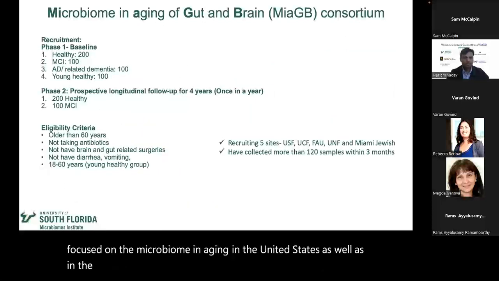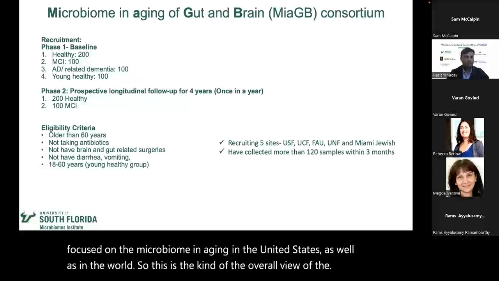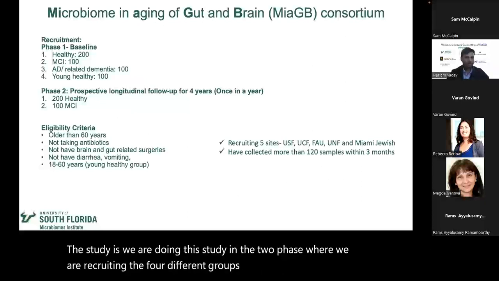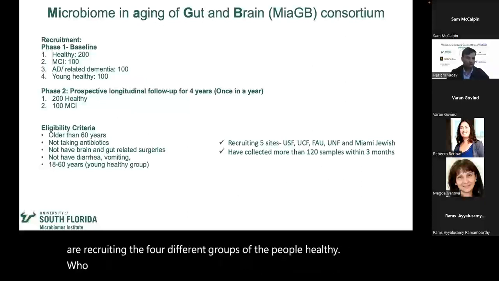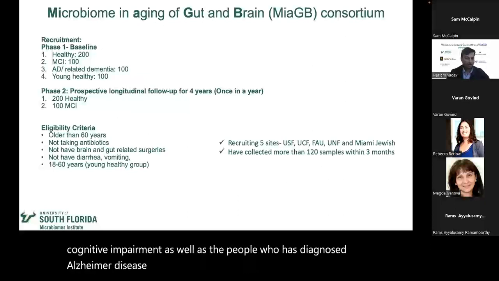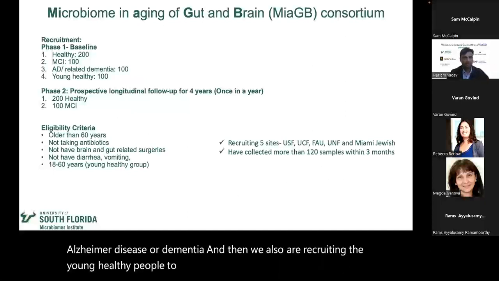So this is the overall view of the study. We are doing this study in 2 phases, where we are recruiting 4 different groups of people: healthy people who are 60 plus years old, people who have mild cognitive impairment, as well as people who have diagnosed Alzheimer's disease or dementia. And we are also recruiting young healthy people to compare their microbiome at baseline.